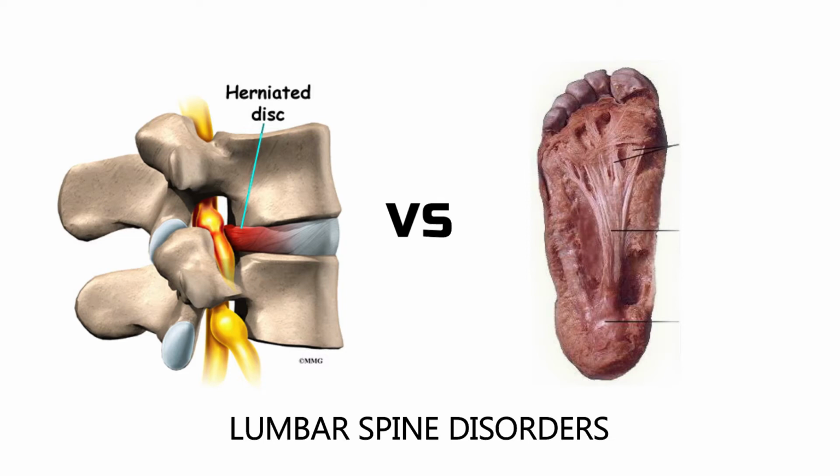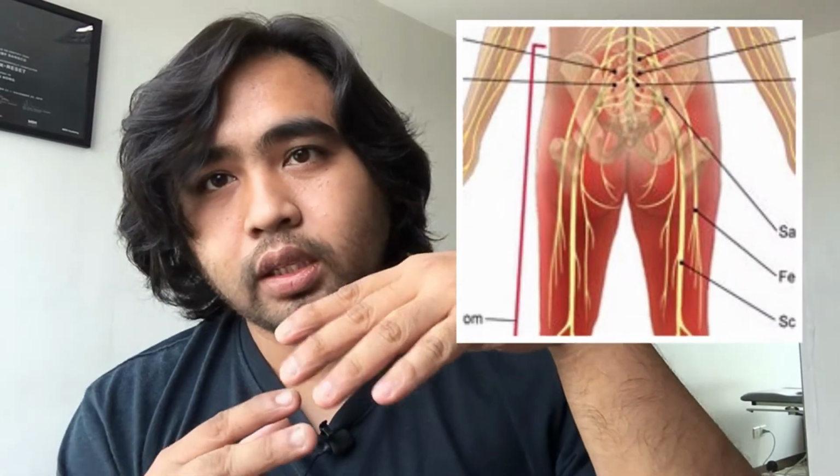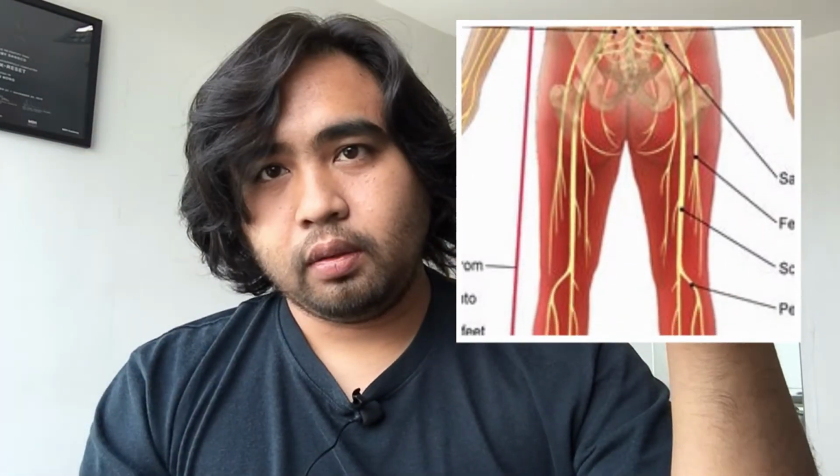So number one that I would like to tackle is lumbar spine issues or back problems or disc problems or sciatic nerve problems. This is the number one thing neurologically that can mimic plantar fasciitis, but it's actually not. Our lumbar spine houses the nerves that run to our feet.